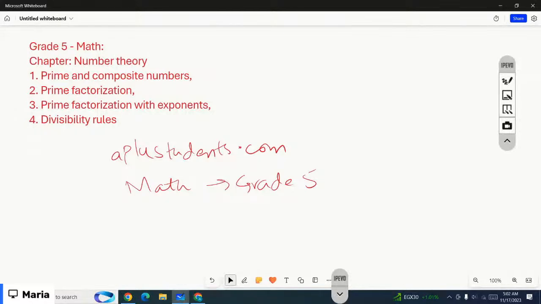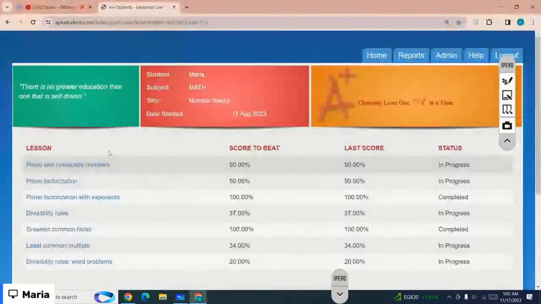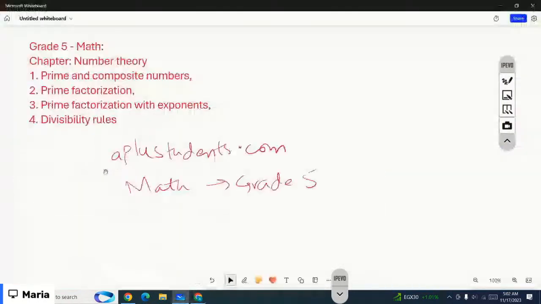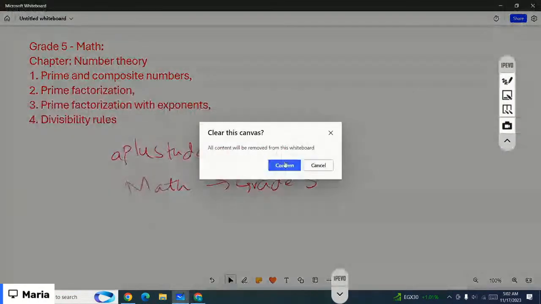Okay, let's start with chapter number 3. Here I am on the grade 5 math, chapter number 3. Let's start with the very first lesson, prime and composite numbers. What do you know about prime numbers? You already did prime numbers in the smaller grades. So what are prime numbers?